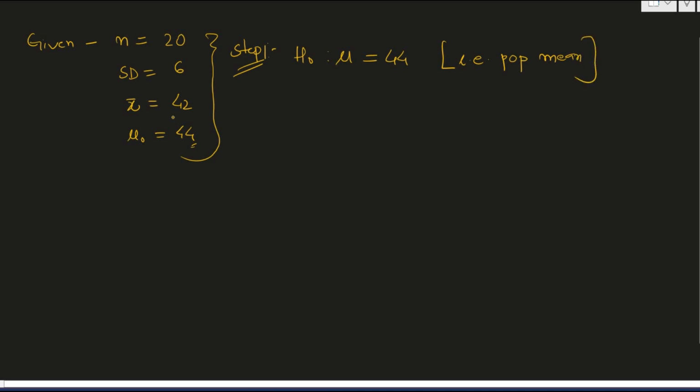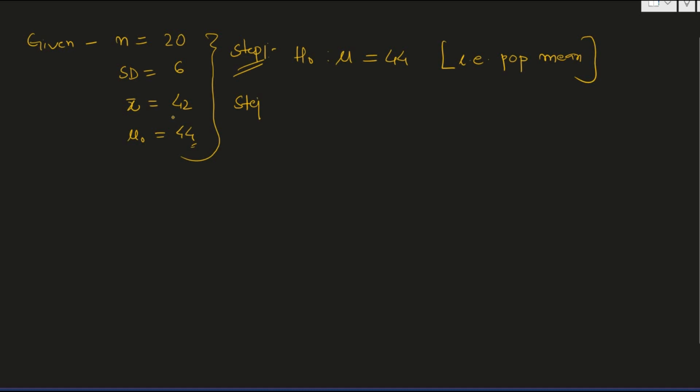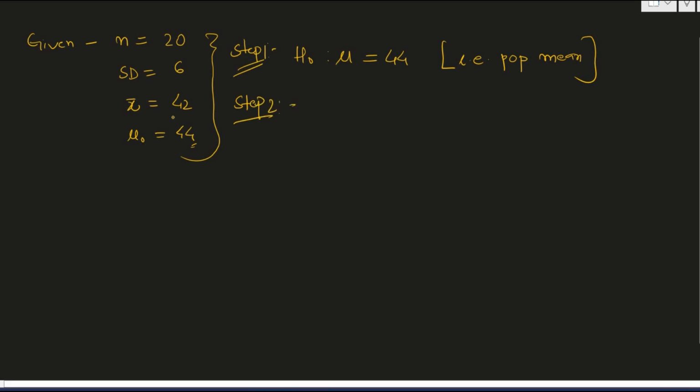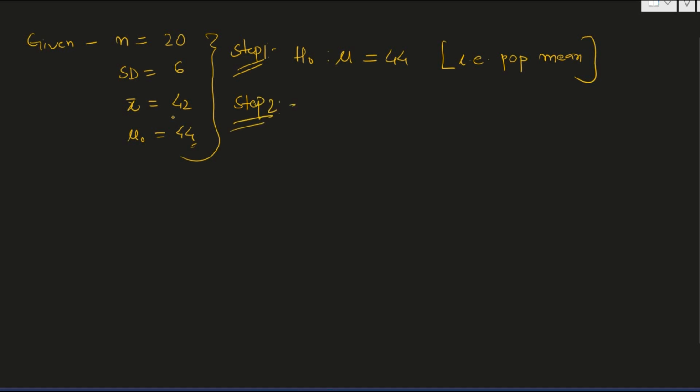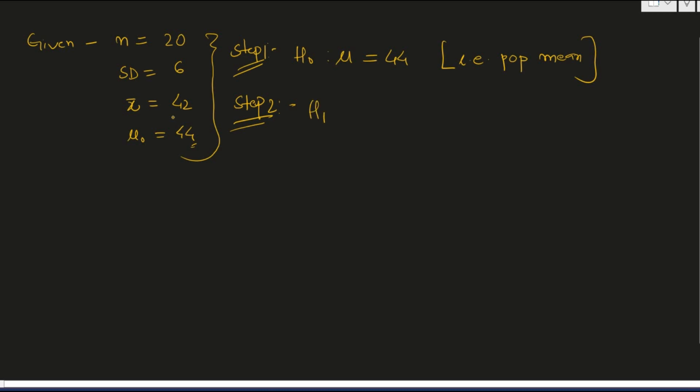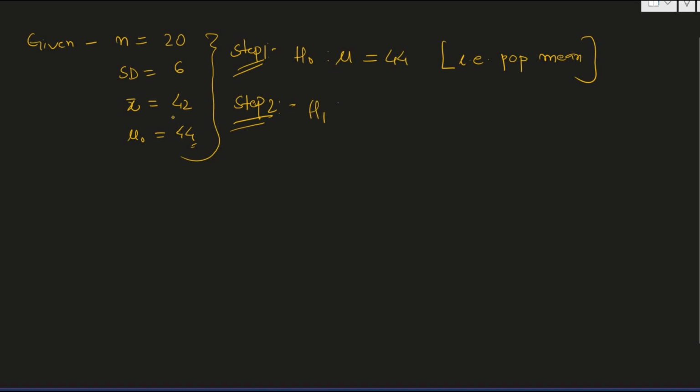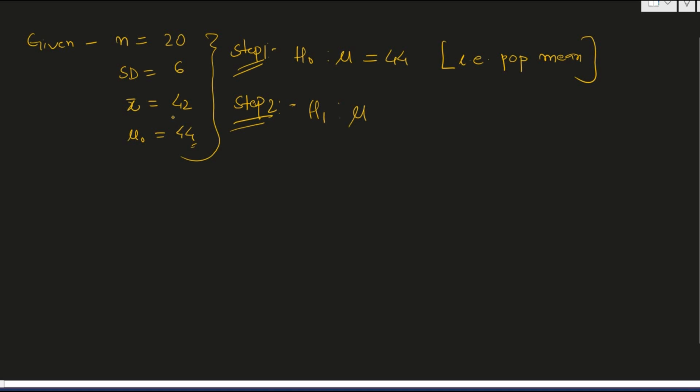In step two, the alternative hypothesis, H1, will be not equal to 44. Now, you know that there is a one tail test or two tail test.